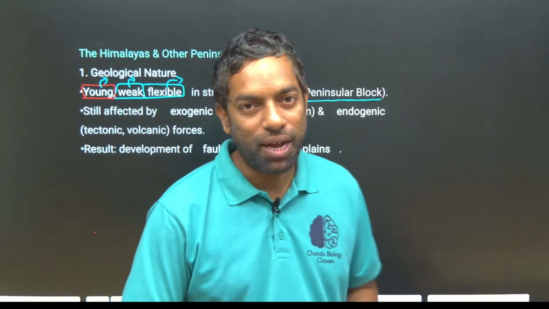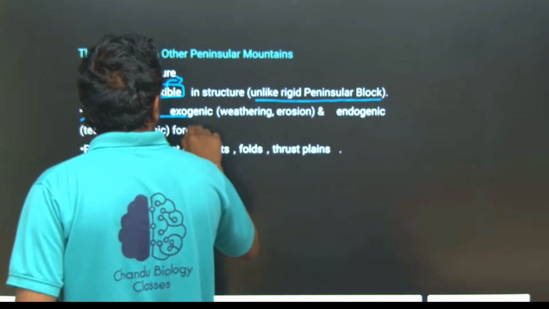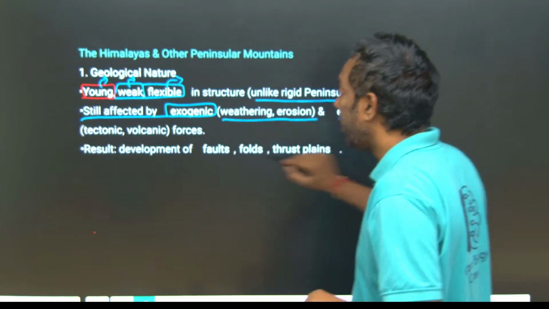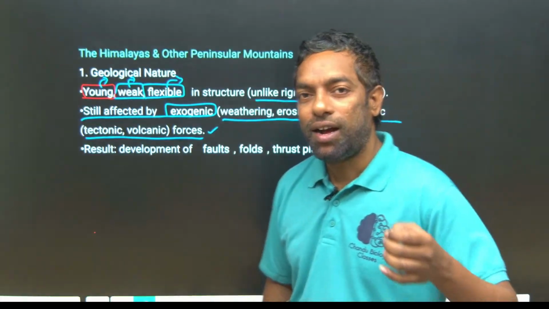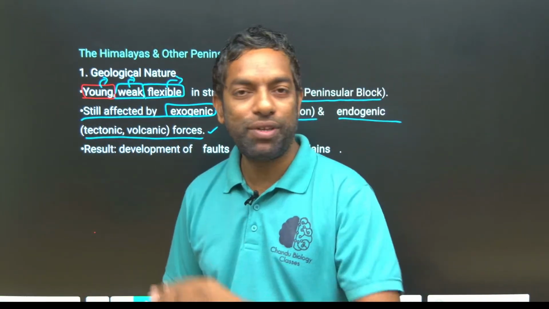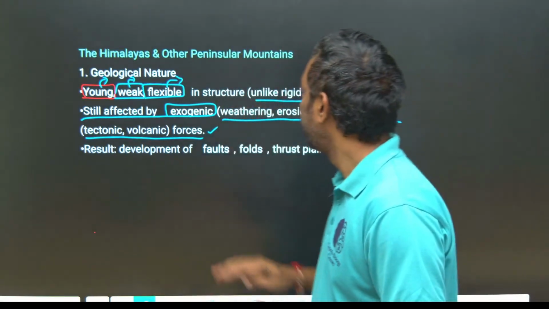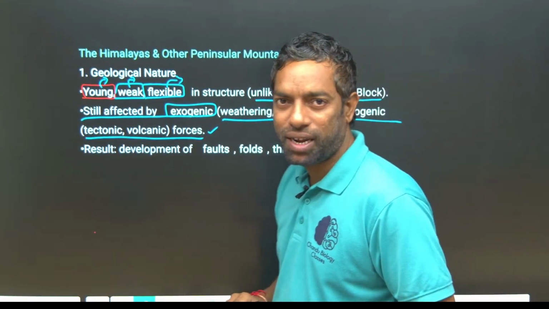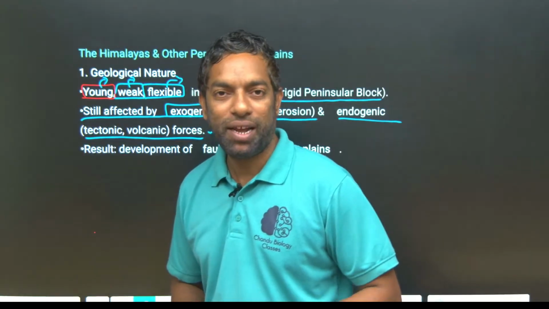The area is still affected by exogenic weathering and erosion and endogenic tectonic and volcanic forces. Exogenic means weathering and erosion. Himalayan rivers mainly originate in the Himalayas and flow down the slopes.